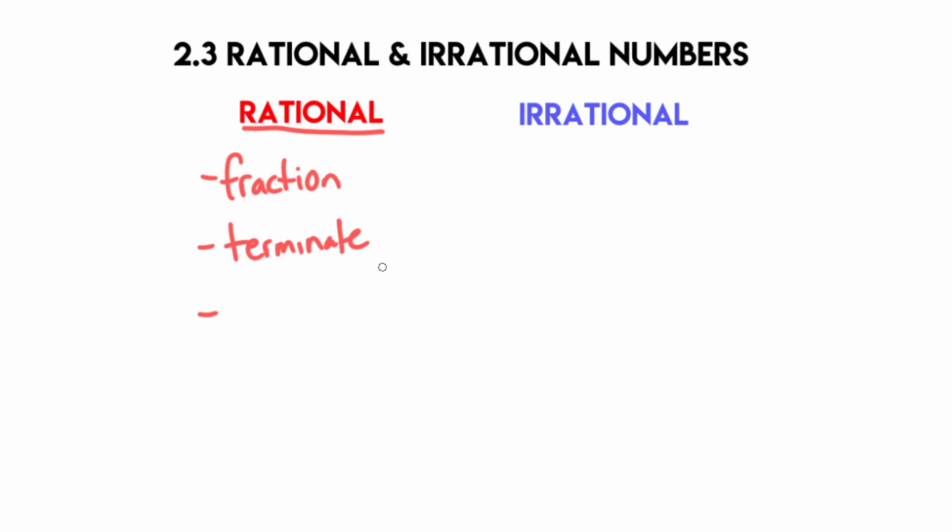And then after terminate, rational numbers will also repeat. These are numbers that will repeat over and over again. In other words, it's predictable as to what it's going to do. So something like 0.123 repeating would be considered a rational number.